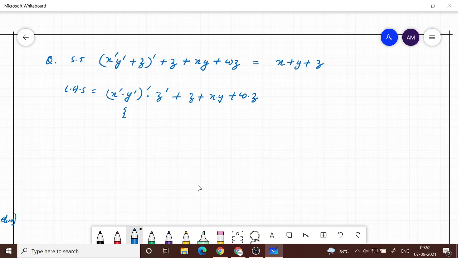So here I have applied De Morgan's theorem, and again apply one more time the De Morgan's theorem. So that will give you x plus y dot z plus z plus x dot y plus w dot z.